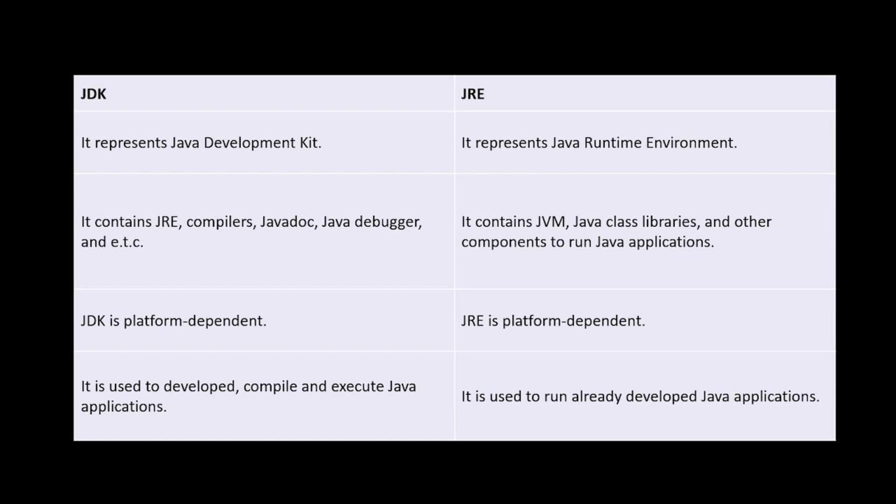The JDK is used to develop, compile, and execute Java applications, while the JRE is only used to run Java programs or Java applications.